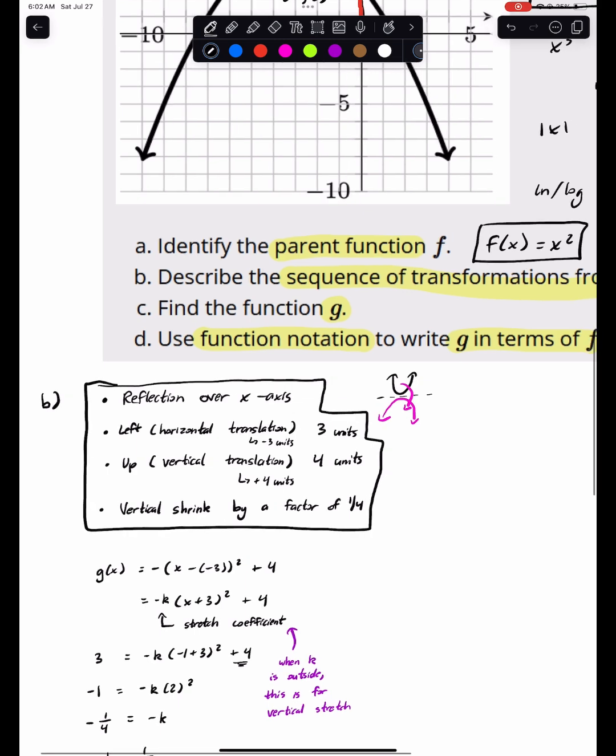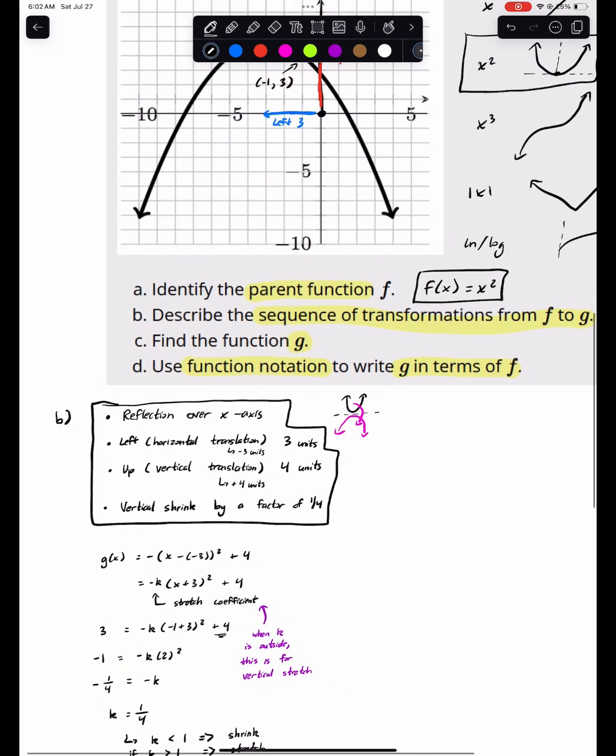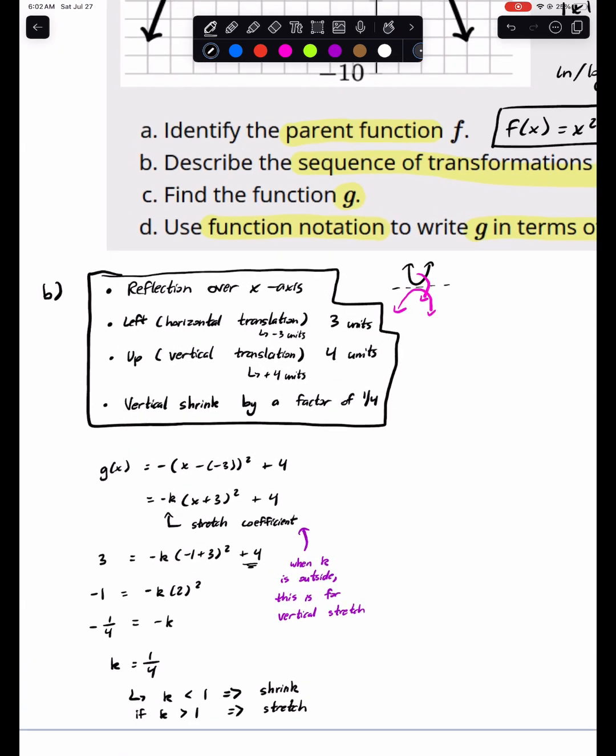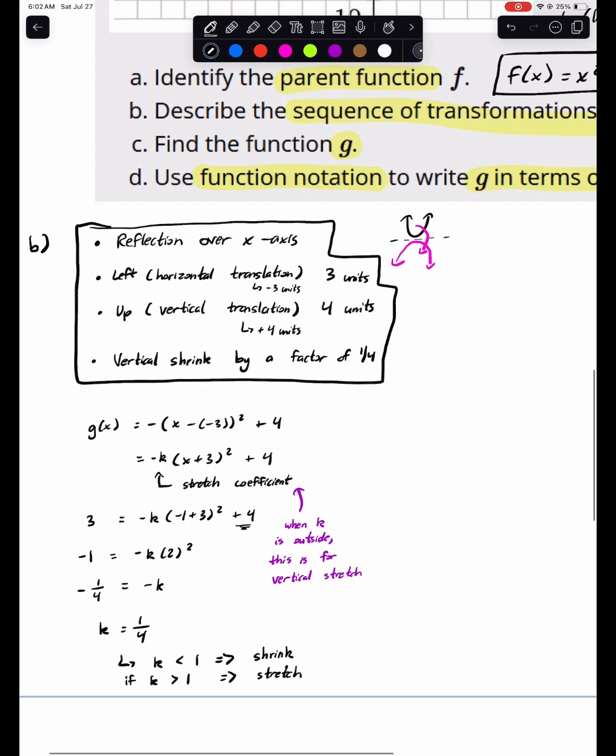So all the transformations, the sequence: you want to deal with y first, then any x, just to make sure that everything is a-okay. So these translations should go last.